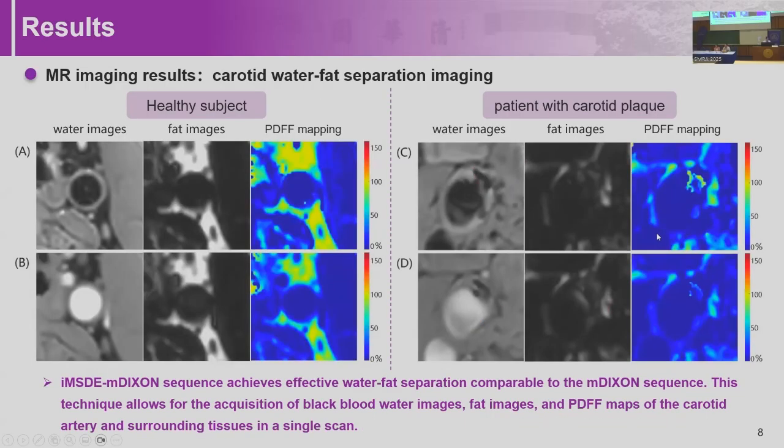As for the water-fat separation imaging, our new sequence also achieves effective water-fat separation comparable to the M-Dixon sequence. This technique allows for the acquisition of black blood water images, fat images, and PDFF maps of the carotid artery and the surrounding tissues in a single scan.